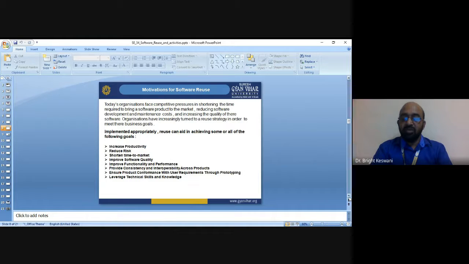When we talk about increased productivity, after an initial investment, reuse of existing assets will enable projects to decrease the cost of developing and maintaining software. When we talk about reduced risk, the risk of creating new software is reduced when available reusable components already encompass the desired functionality and have standard interfaces to facilitate integration.